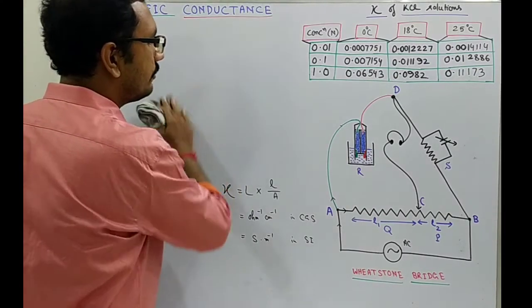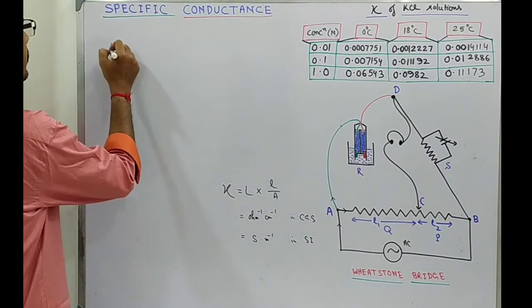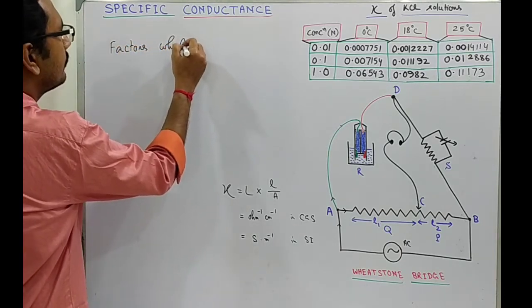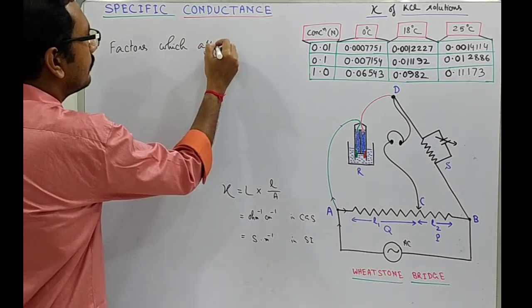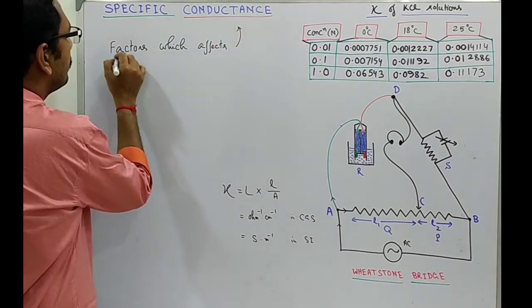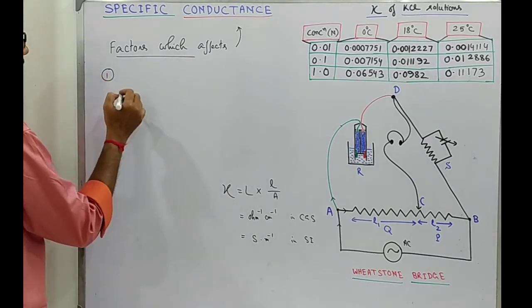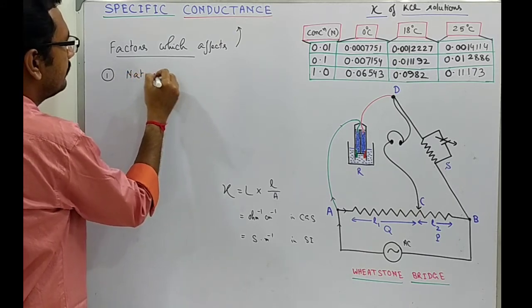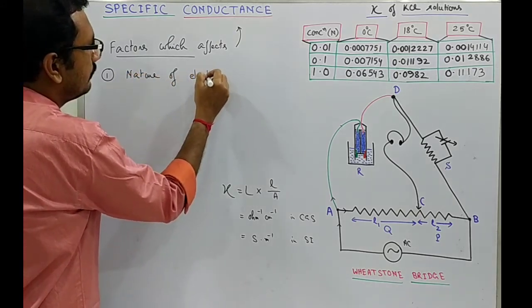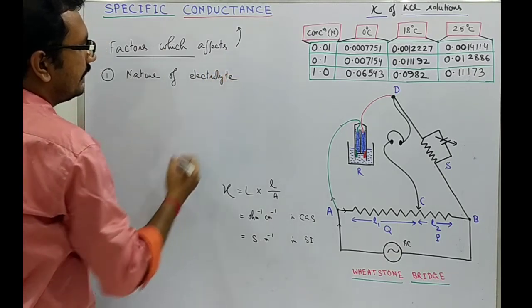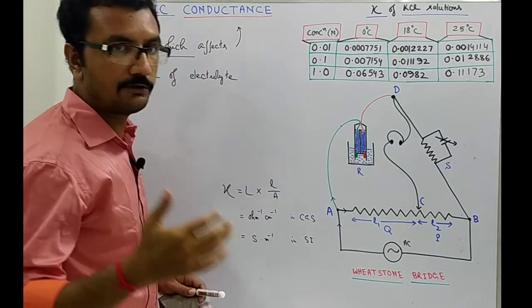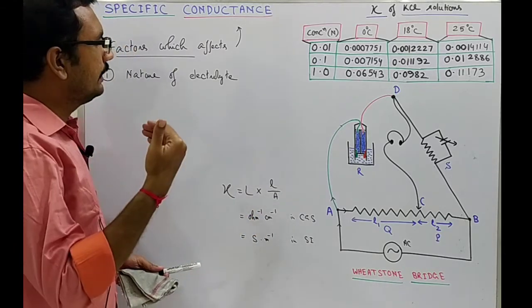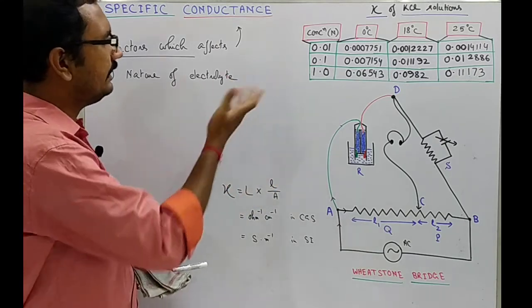Now, what are the factors which control specific conductance? Number one is obviously the nature of the electrolyte. If your electrolyte contains such cations and anions that they have high ionic mobility, they will move faster, so conductance will be greater.